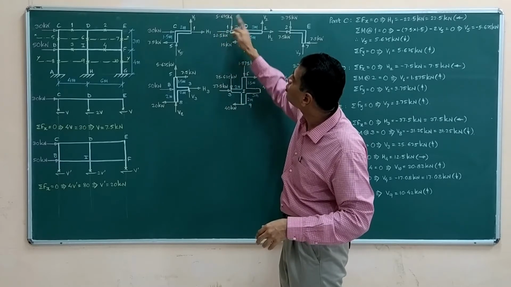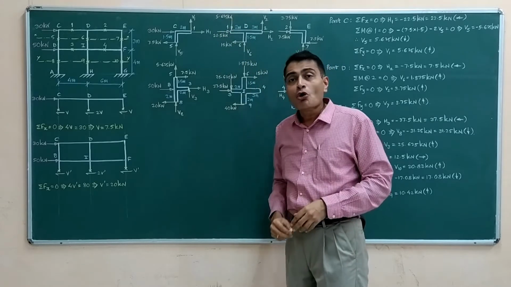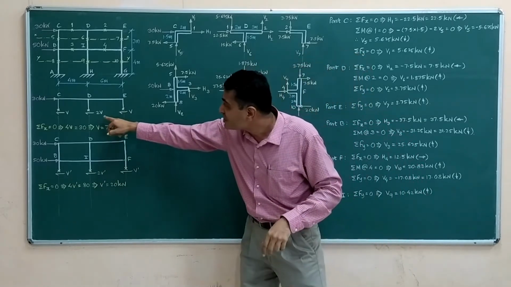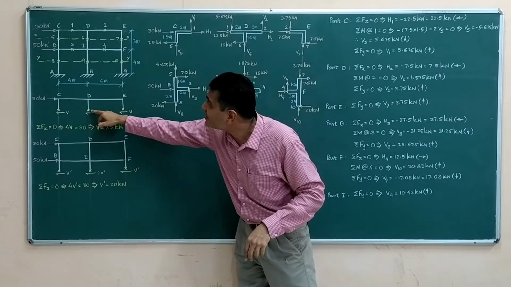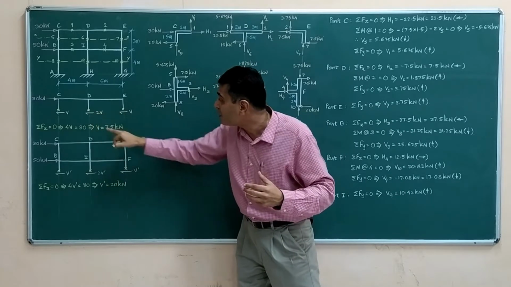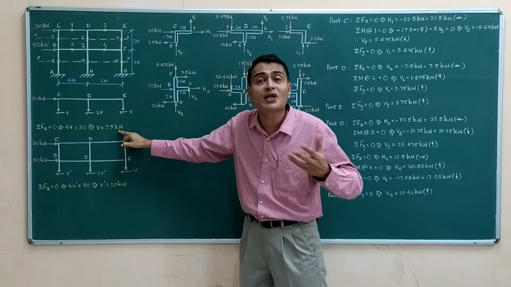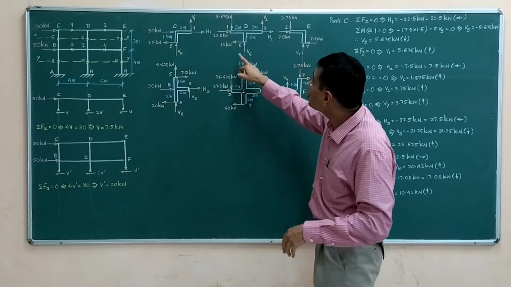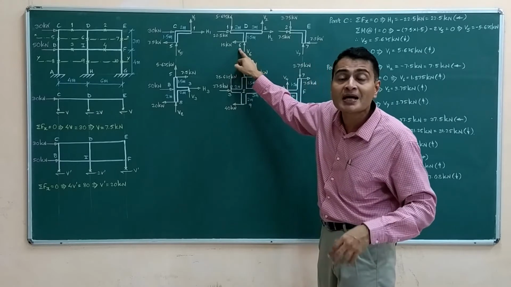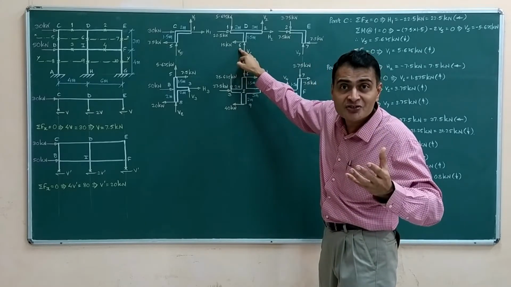These two forces are known to me. What else is known to me? I have to be alert about this. See, this is 2V, which is at the same joint that we are calling 6. 2V, and V is 7.5, means 2 times V is 15 kilonewtons. So you are observing that leftwards 15 kilonewtons I am showing at joint 6.